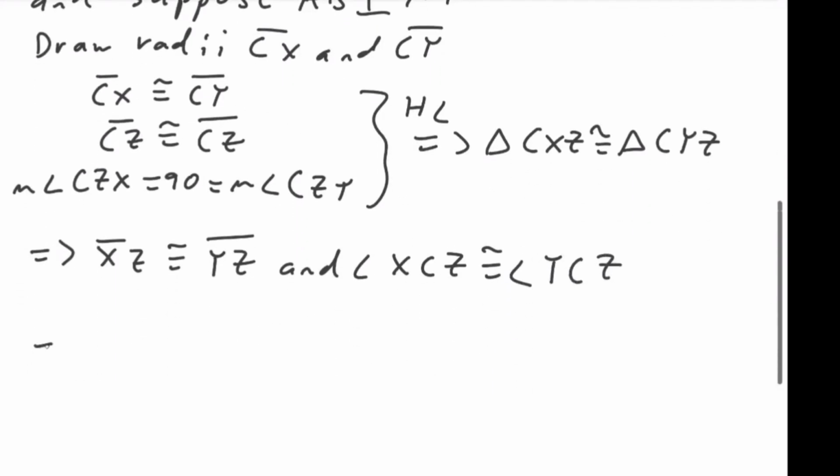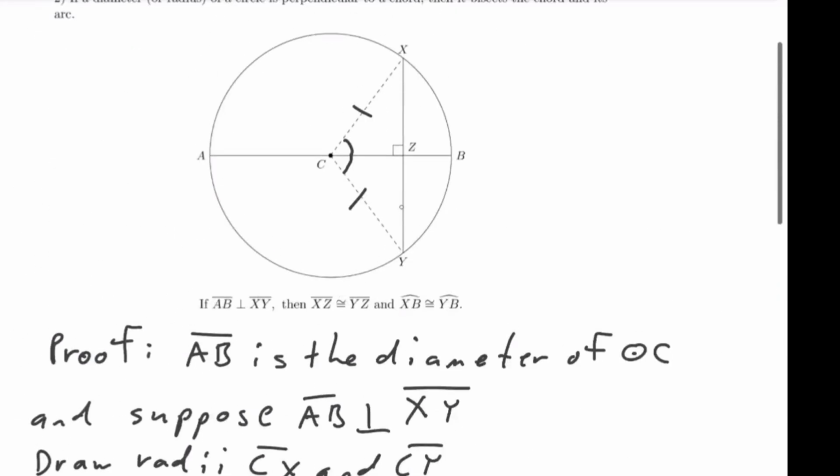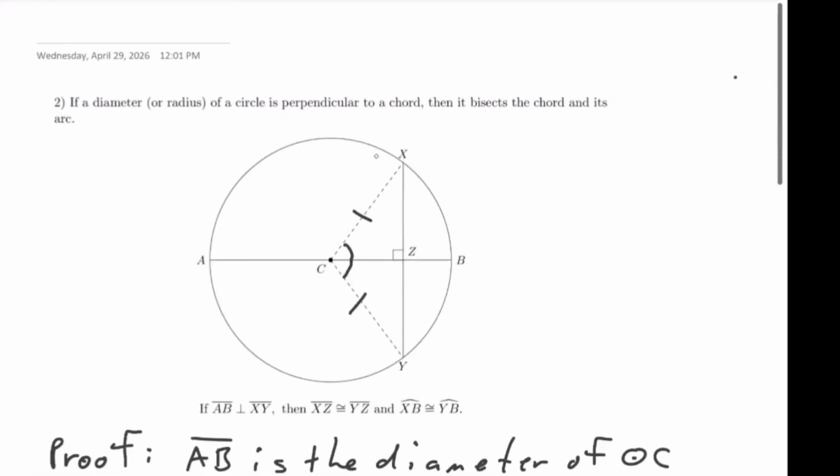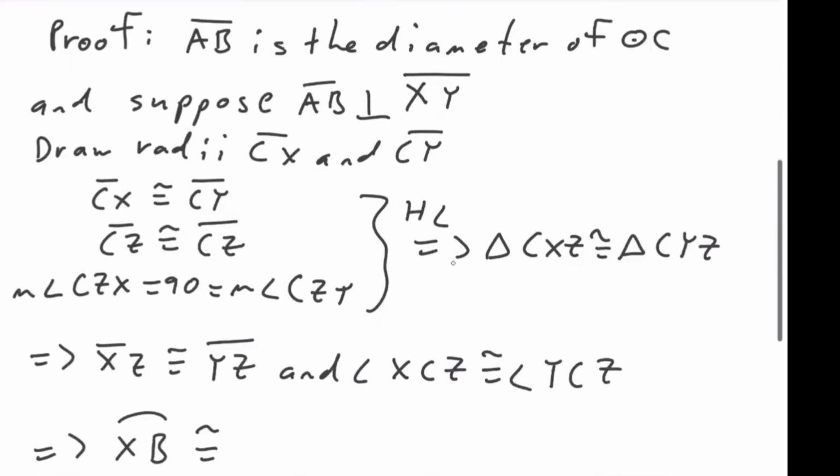And since XCZ is congruent to YCZ, that means their corresponding arcs are congruent, meaning arc XB is congruent to arc YB.